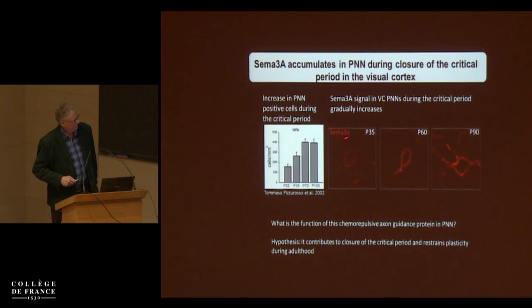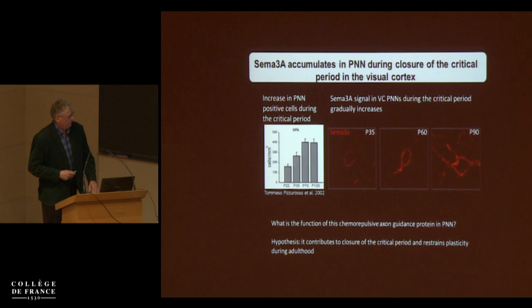So in P35 animals, where the critical period is clearly open, there's only very little semaphorin 3A in the perineuronal nets, and this increases over time. The nets are nicely filled and thickly stained for SEMA3A at P119. And this actually corresponds also to the cells with the perineuronal net that Tommaso showed in his paper in 2003.